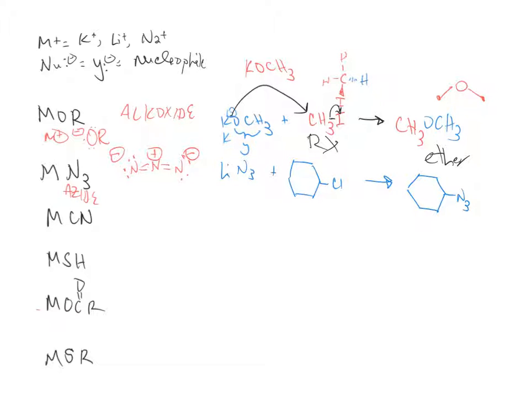Does anyone remember what CN is? This is one that you were supposed to memorize. Remember you had to remember some polyatomic anions like sulfate and phosphate, and there's one called CN. It's cyanide. Okay. And cyanide looks like this. It's a triple bond.